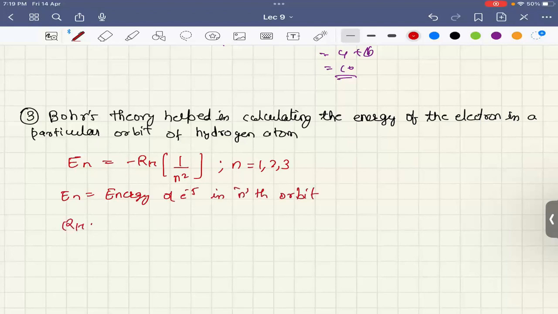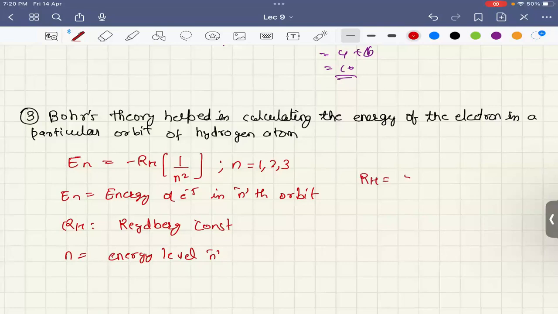RH is nothing but our constant. n is the energy level. And this constant RH comes out to be 2 pi square m e to the power 4 divided by h square, right?